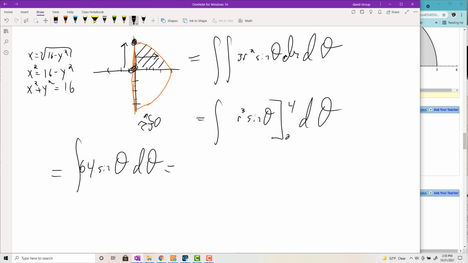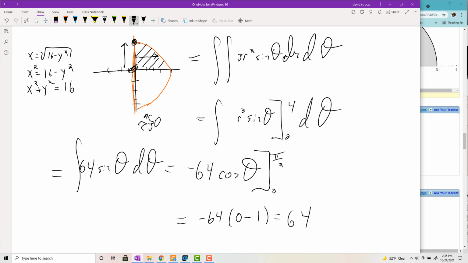And then that'll be negative 64 cosine theta evaluated from 0 to pi over 2. So that'd be negative 64 times cosine of pi over 2, which is just 0, and then minus cosine of 0, which is 1. So you're going to end up with 64 as your answer.